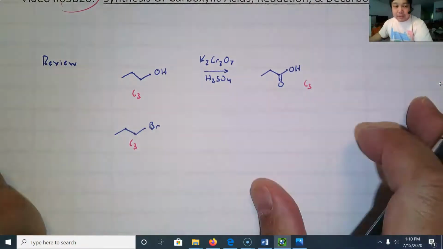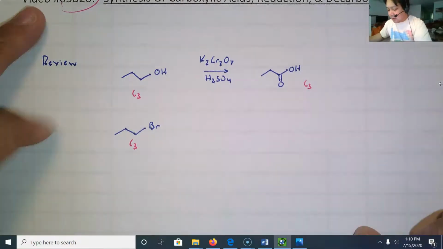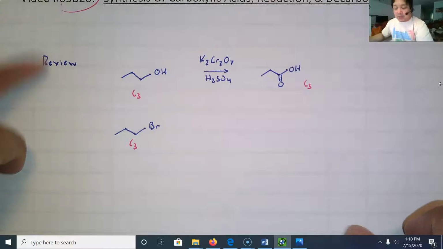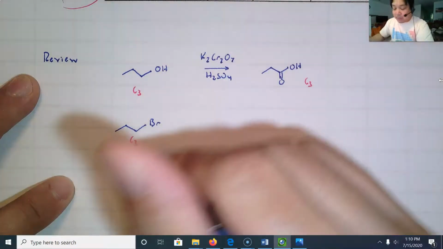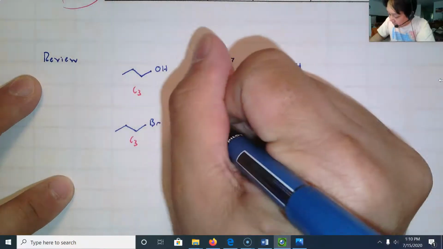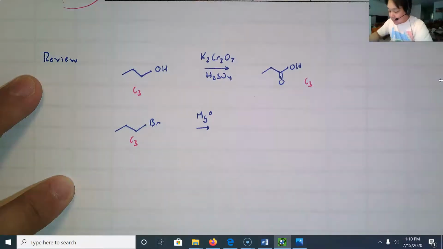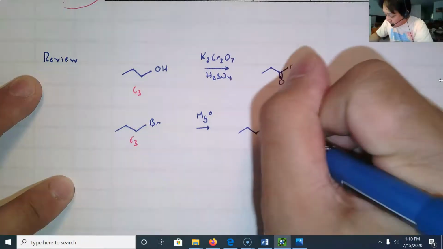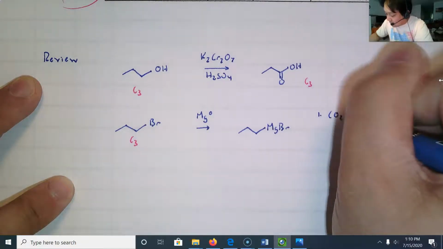The other way to make a carboxylic acid we talked about recently in the previous unit, Unit 4, and that's by Grignard reaction or organometallic. The first thing I'm going to do is make this into a Grignard reagent and then react it with carbon dioxide.